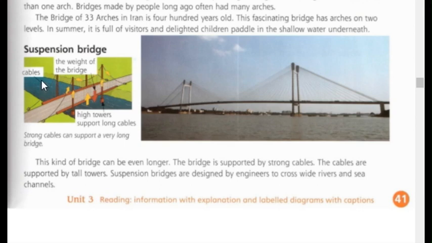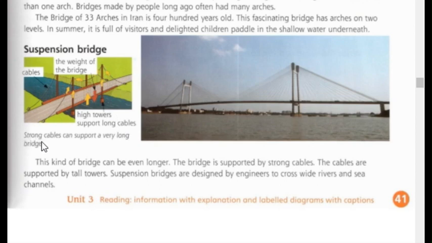So these are cables. Look at the weight of the bridge here. High towers support long cables. إذن هذه الأبراج العالية تدعم الكيبلز.